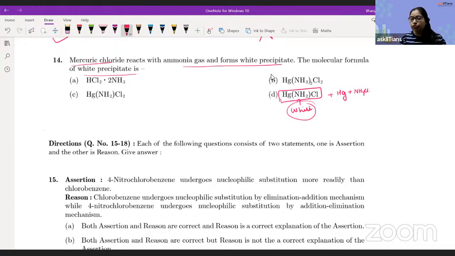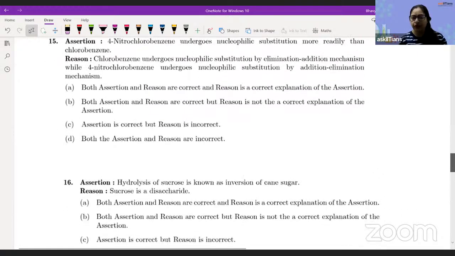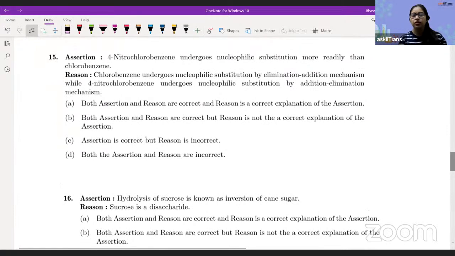And then let's move to the next thing, and that is your assertion reasons, which are real trouble for us. So, 15th question, if I'll see, 4-nitrochlorobenzene undergoes nucleophilic substitution reaction more readily than chlorobenzene. So this is chlorobenzene, and this is 4-nitrochlorobenzene.